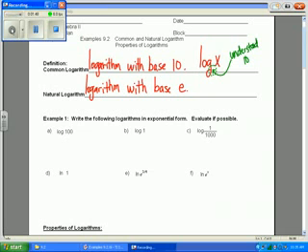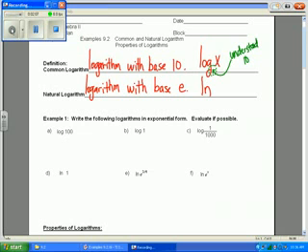Say you were trying to find, and this might even happen with the swine flu, when is this going to have that 80,000 people if it was replicating at that natural state, base e.